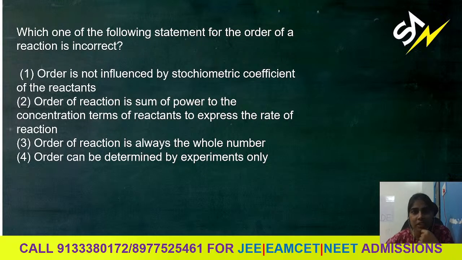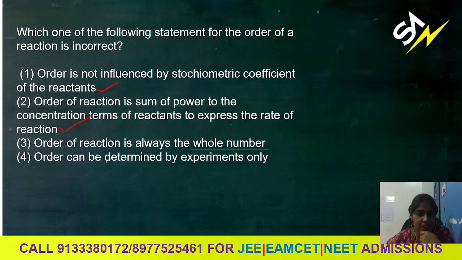Which one of the following statements for the order of a reaction is incorrect? First option: order is not influenced by the stoichiometric coefficient of the reactants. Yes. Order of the reaction is the sum of the powers of the concentration terms of the reactants in the rate expression. Yes.